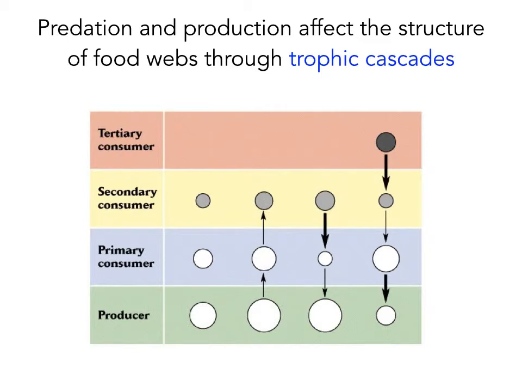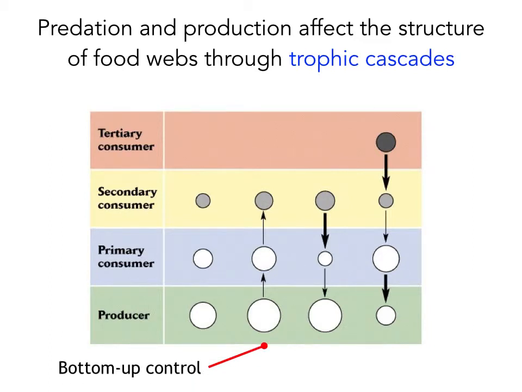If there is a higher amount of production, that is, biomass being produced at the producer trophic level, then not only will the producer trophic level have greater biomass, but the biomass of all the trophic levels above it will also increase because of the energy flow moving up from the producer through the primary to the secondary and perhaps tertiary consumers.